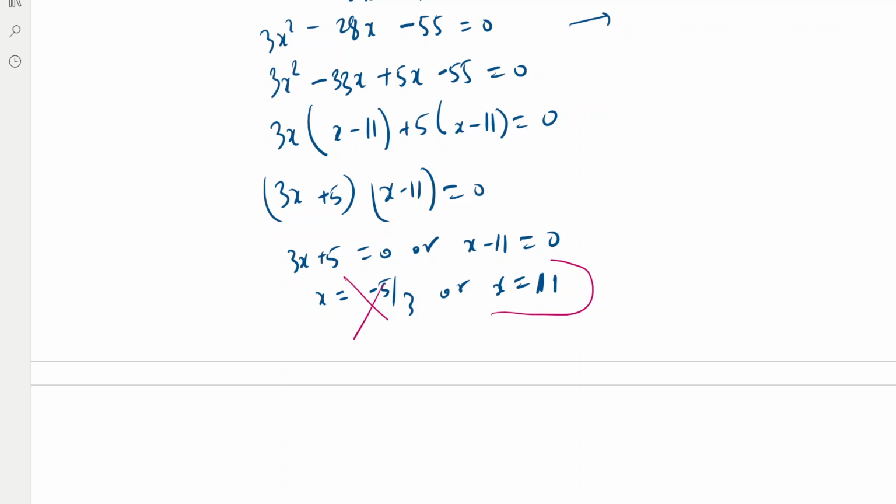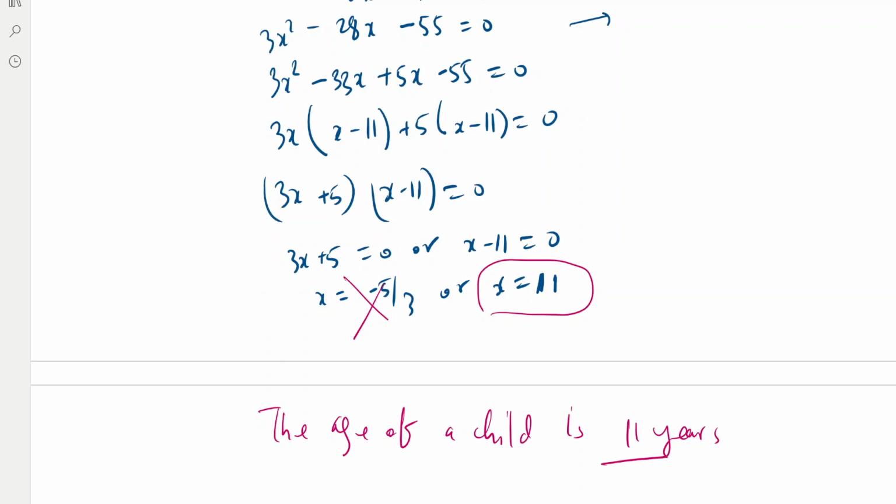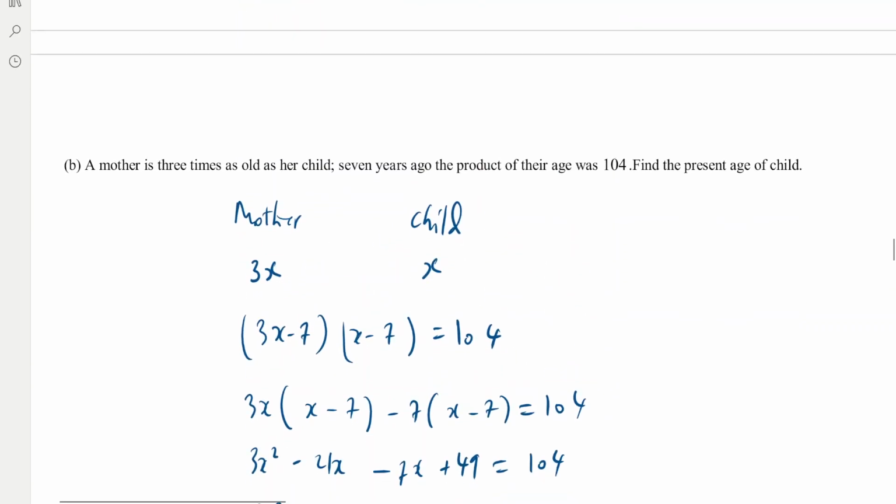So the age of the child is 11 years old. Now, as per the question, find the present age of the child. So that is how we solved this question. And as you have seen, it is a word problem pertaining to quadratic equations.